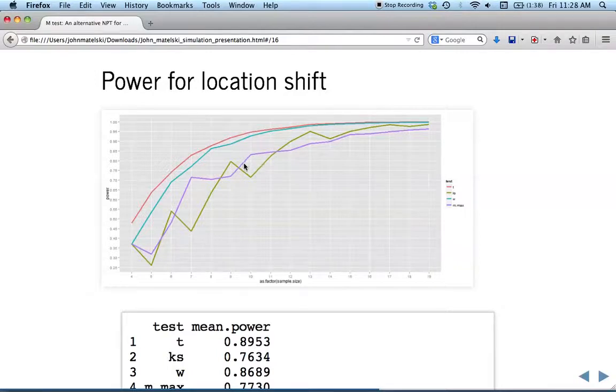Oh wait, that's a lie because this power dipped. Sorry, it's right here. So as you get 11 people in your sample, all 4 tests that I looked at have 80% power to detect this location shift. So I'd say overall they're doing pretty well.